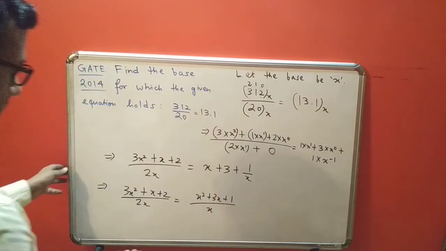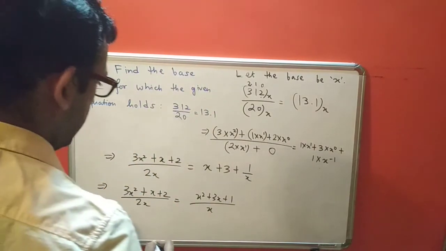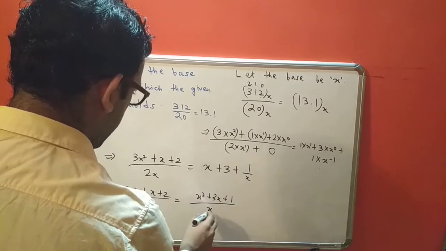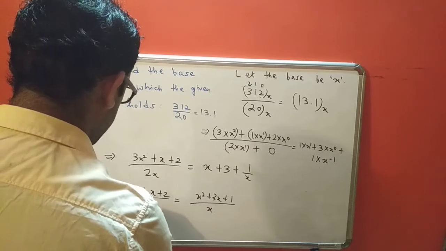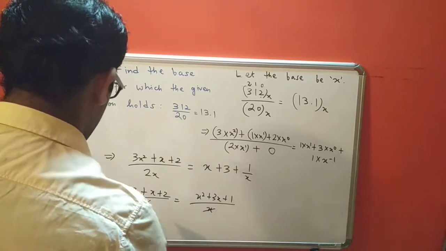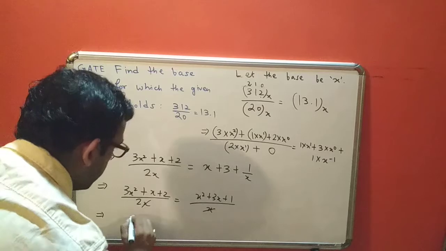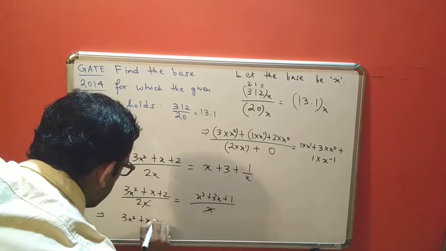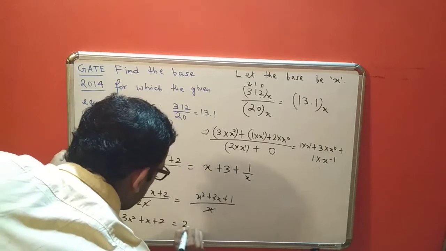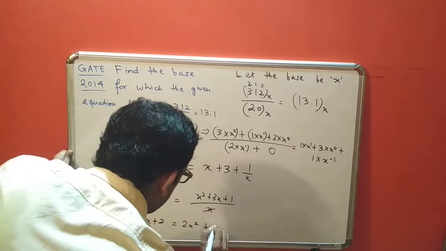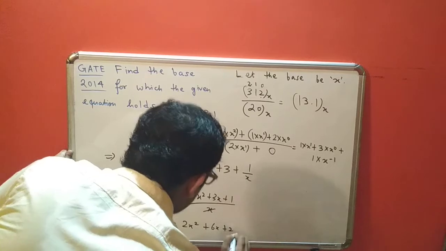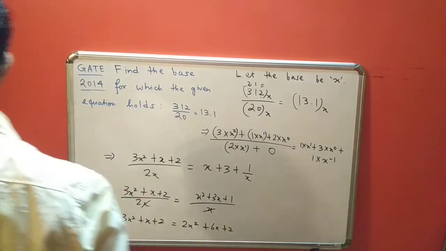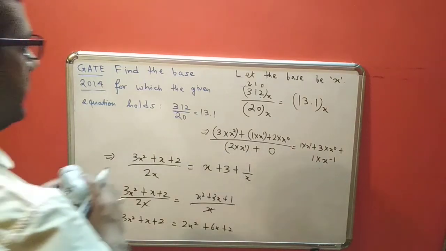Now, since I have an x here and an x here, I can simply cancel this out. And now if I cross multiply, I'll get 3x squared plus x plus 2 equal to 2x squared plus 6x plus 2. Now if you solve this further, I'll just erase this part.